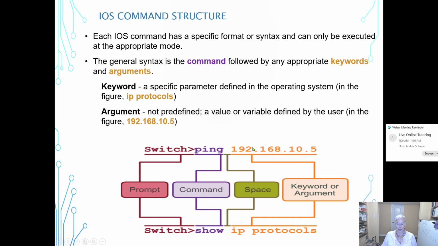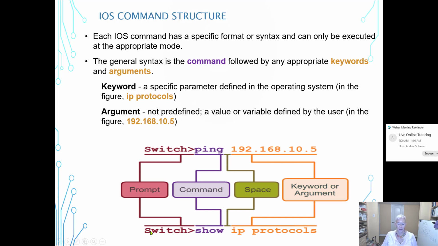Because this is a number that could be different, it would be an argument. So I could say ping 10.10.10.1, or ping 192.100.10.5. Because that value can change, it's considered an argument.